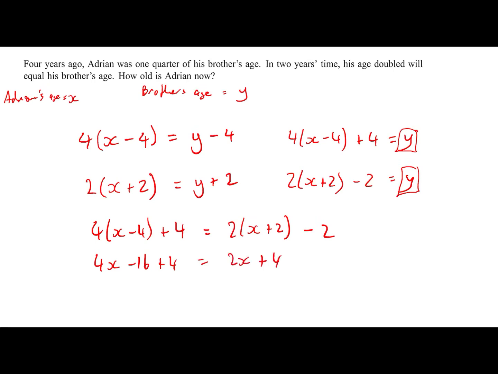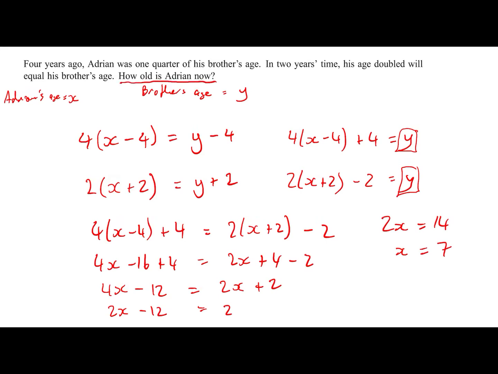So expand the brackets: 4x minus 16 plus 4 equals 2x plus 4 minus 2. 4x minus 12 equals 2x plus 2. Subtract 2x from both sides, you get 2x minus 12 equals 2. So 2x equals 14, so x equals 7. And that is the answer to my question.